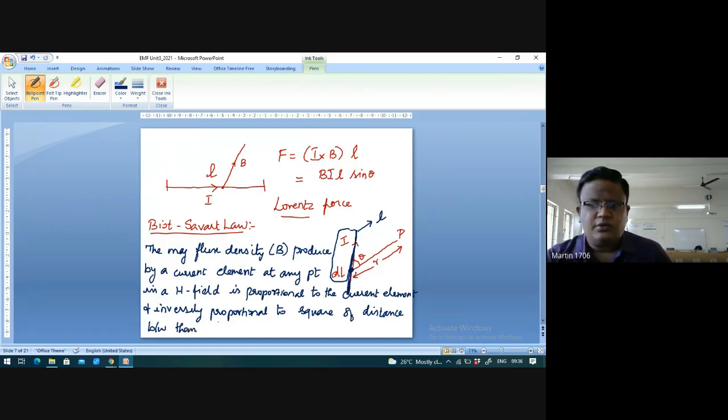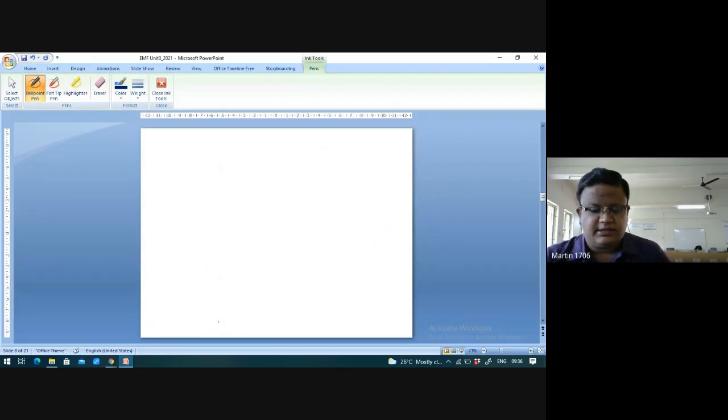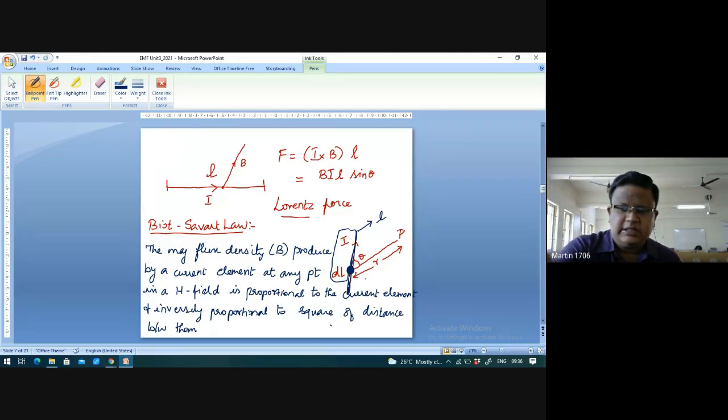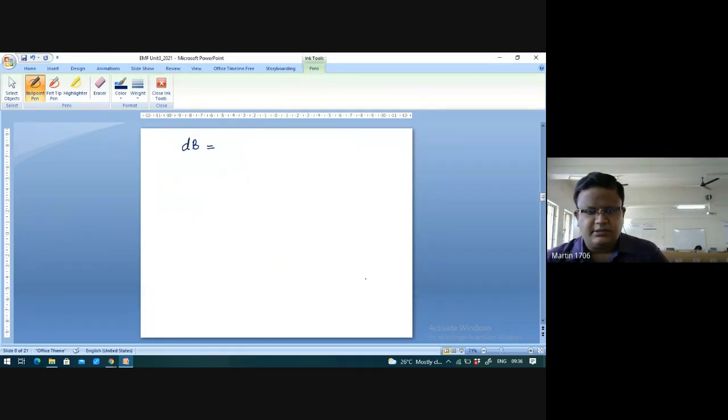So how can it be related mathematically? The magnetic flux density, how can we define it? We are talking about a single point only. For this point, we are looking at the element dl. IDL is nothing but the current element, so the field produced also we have to represent as dB only.